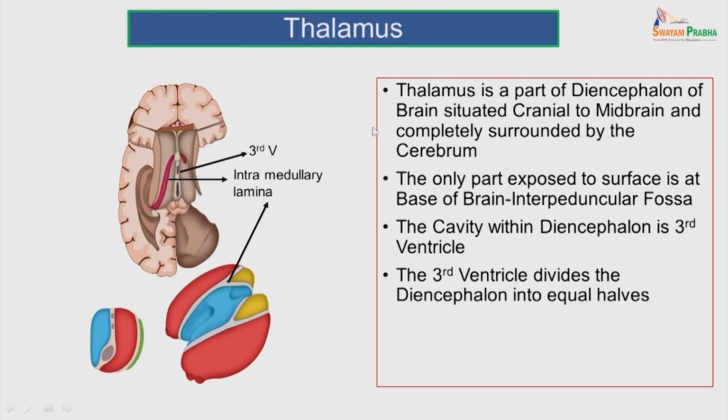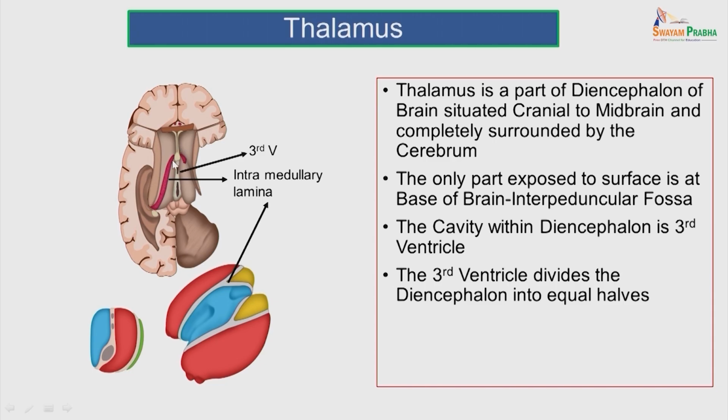The thalamus is a part of the diencephalon situated cranial to the midbrain, and it is completely surrounded by the cerebrum. In regular dissection, when we see the superior lateral surface or the medial surface, the thalamus is not so visible.